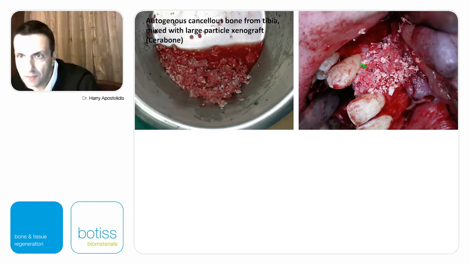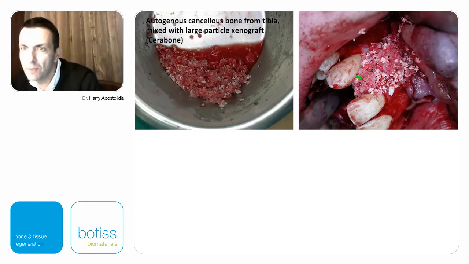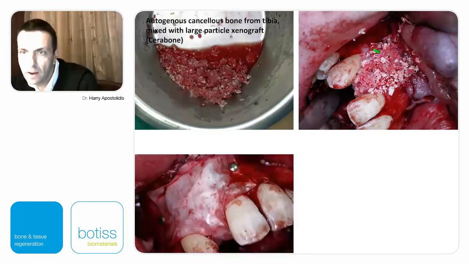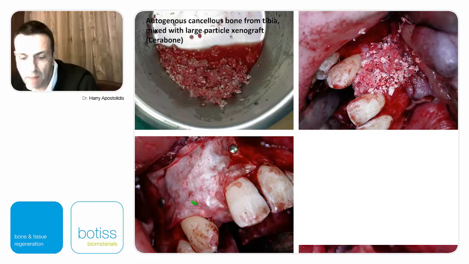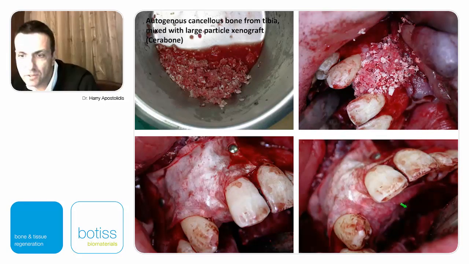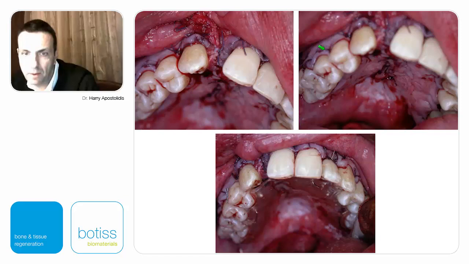I have placed a 30 by 40 Jason membrane up against the nasal floor, and then packed the graft, and then another 30 by 40 Jason on the buccal and palatal side. You see here, pinned to stabilize everything and keep it immobile, and closure, primary closure.